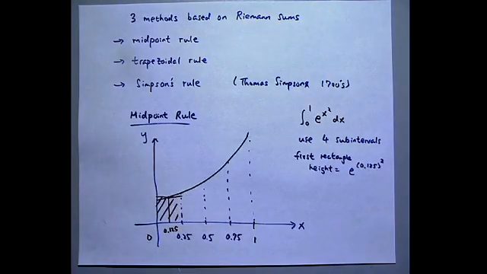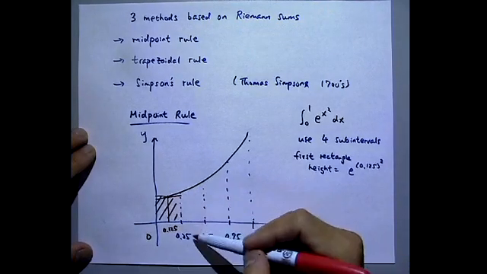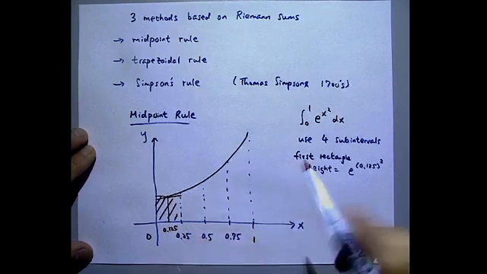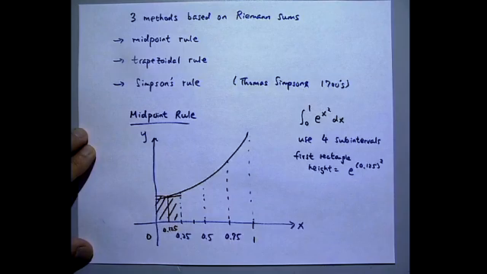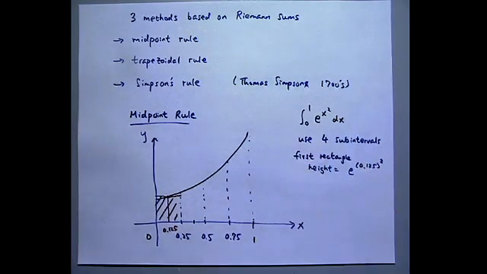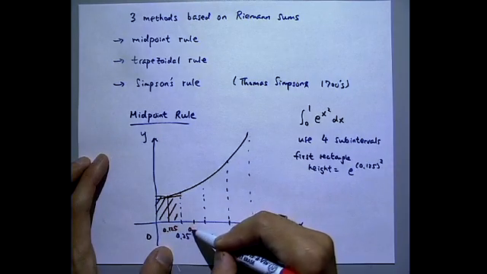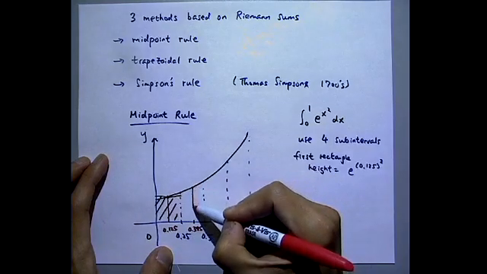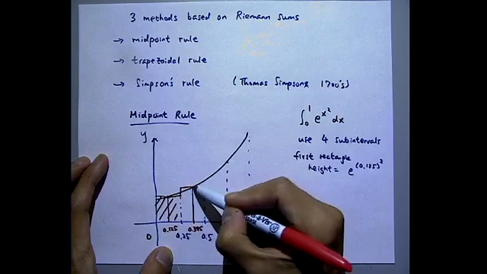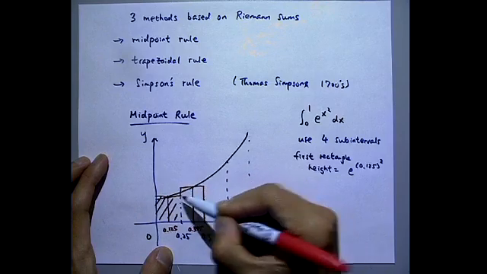And then we continue doing that. The middle one, the second one here, we're going to go to the midpoint, which is what's halfway between 0.25 and 0.5. I have it written down 0.375. So there's the rectangle.